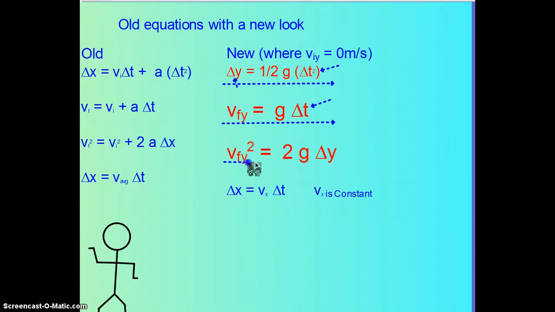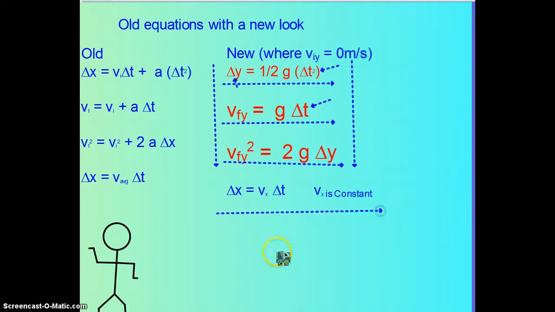Again, v final y here, but if you know the height only, you can tell how fast it's falling. Again, all three of these equations are vertical equations. This is your only x equation that we're going to work with here. Horizontal displacement is equal to velocity in the x, which is constant, times the time it fell for.